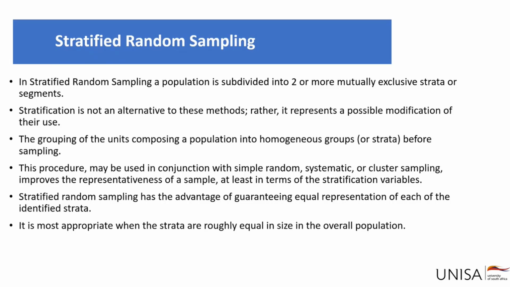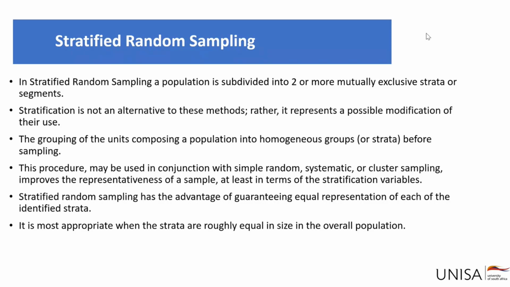Basically, what it does is that when you then select, you say, I select from strata A, B, C, D, and all the strata. So every sector of the population may then be represented because you have looked at all those strata. Stratified random sampling has the advantage of guaranteeing equal representation of each of the identified strata. Here we all stand in the population with an equal opportunity of being selected because we have been put together under stratified random sampling.